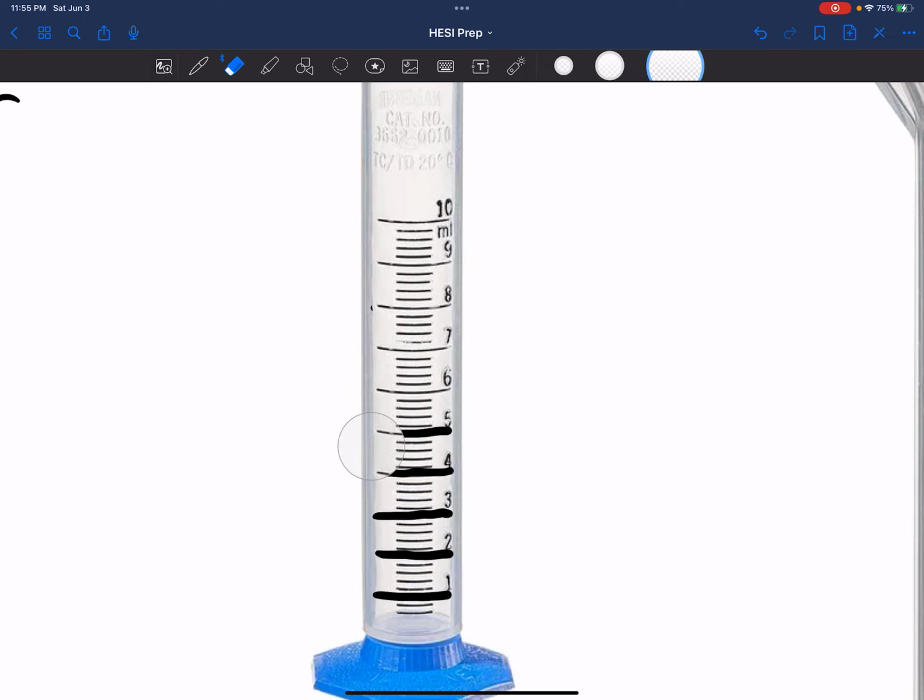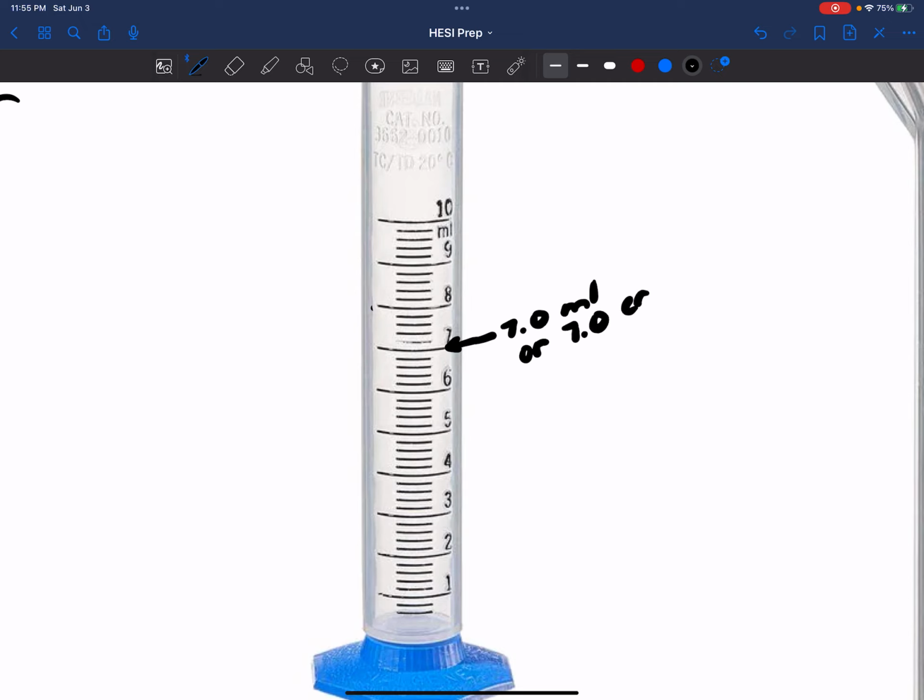So 7.15. I can't really do it here. Here is 7, this line right there, and I'm zoomed in so much that I can't even write that small. So this would be an even 7 milliliters, or you could say 7.0 cc's.